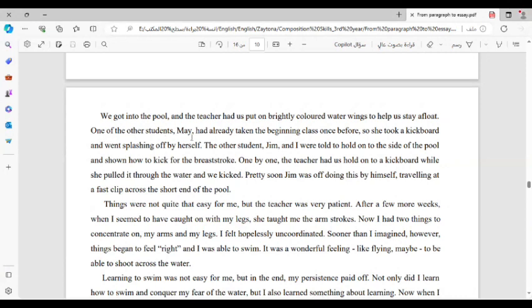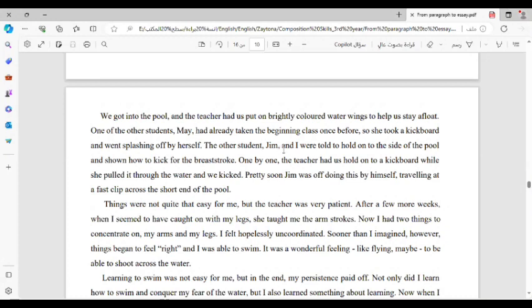One of the other students, May, had already taken the beginning class once before, so she took a kickboard and went splashing off by herself. A kickboard is like one step of learning how to swim. And when I say splash, it means that when you hit the water, it makes a noise.